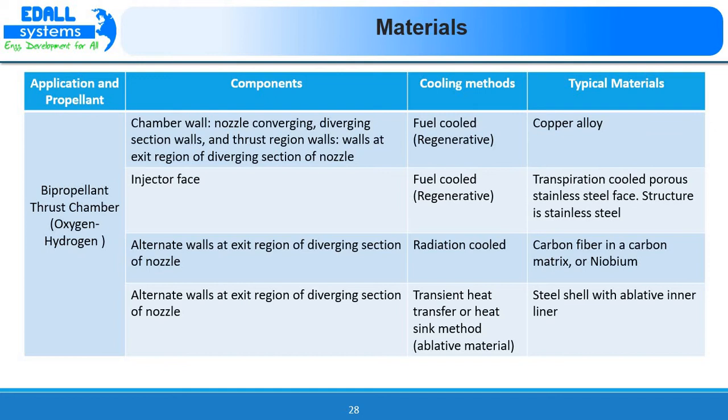While at the injector face, again the cooling method used is fuel cooled, that is regenerative, and for materials, transpiration cooled porous stainless steel face is used. Then for alternative walls at the exit region of the diverging section of the nozzle, two varieties can be used. For cooling, it may be either radiation cooled or transient heat sink method, which we saw. And for materials, carbon fiber in a carbon matrix, or niobium, or a steel shell with ablative inner liner can be used.